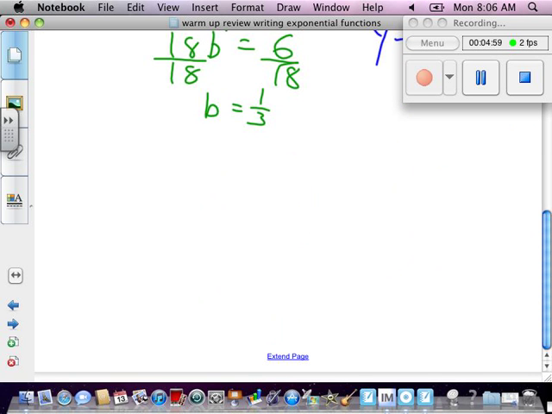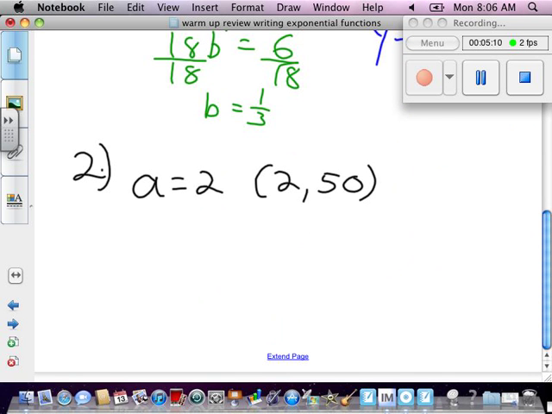A equals 2, and then our point is (2, 50). This is number 2 on your paper. So we remember that all of these we have to do y equals a b to the x, correct? Well, we've got our a already, and we know that this is x and y.